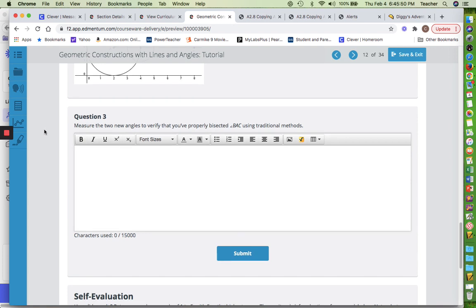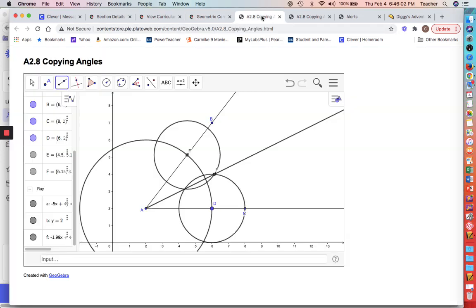So when I get kind of giddy, being a math nerd, I guess that's the reason why, because I'm usually doing this by hand. All right, measure the 2 new angles. That's exactly what I said they should have done to show that these two are equal to each other. So go to angle, click on angle. Remember, you go in a right circular motion. Click on D, A, F, and that gives you the 25.67.